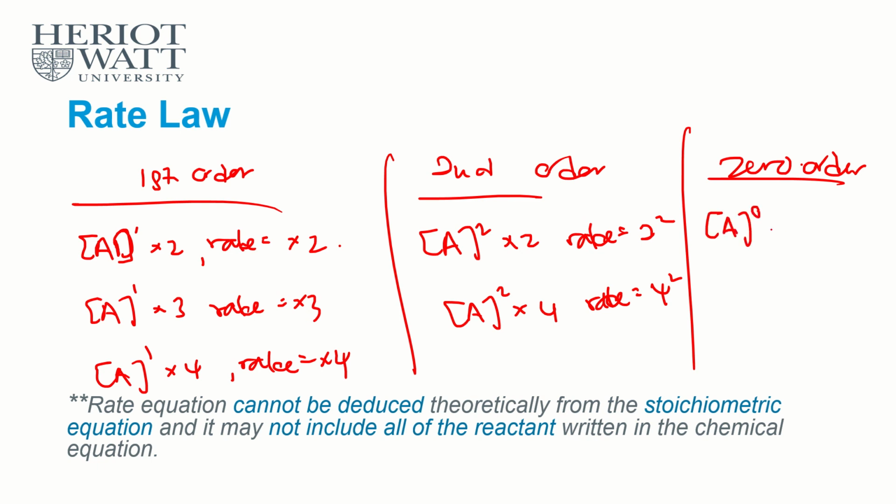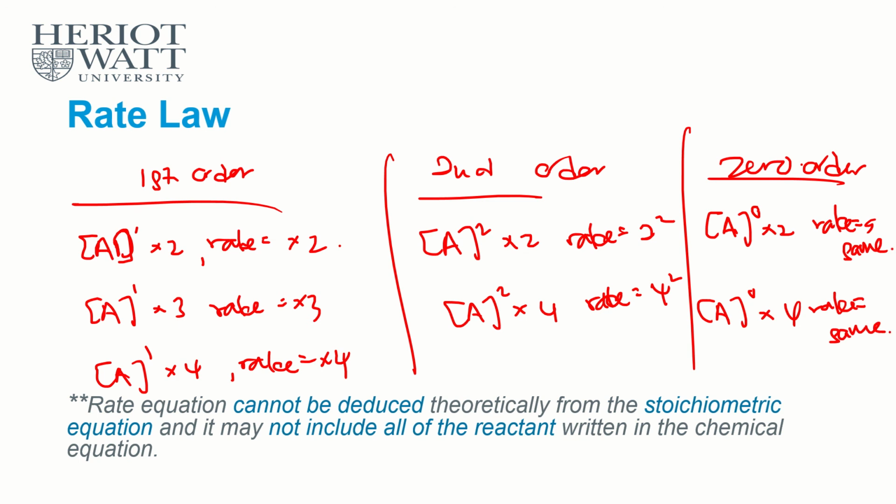If A is zero order, which is actually equal to 1, then if I times it by 2, what happens to the rate? The rate will not be 0, but the same. In other words, unchanged, no changes, right? So if the concentration of A is zero order, and I times it by 4, again, the rate will not be changed.